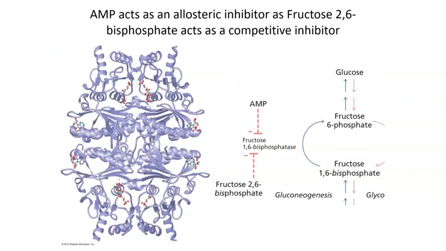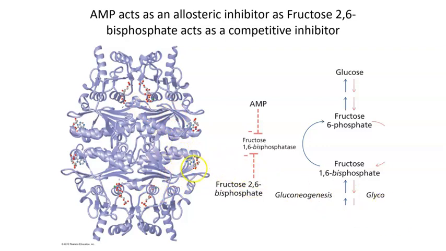Looking just a bit closer at the protein and the protein structure here, AMP actually acts as an allosteric inhibitor, and fructose 2,6 bisphosphate acts as a competitive inhibitor. So this is the tight form, the inactive form of fructose 1,6 bisphosphatase, and it's actually bound to different molecules of AMP here that's acting as an allosteric inhibitor.